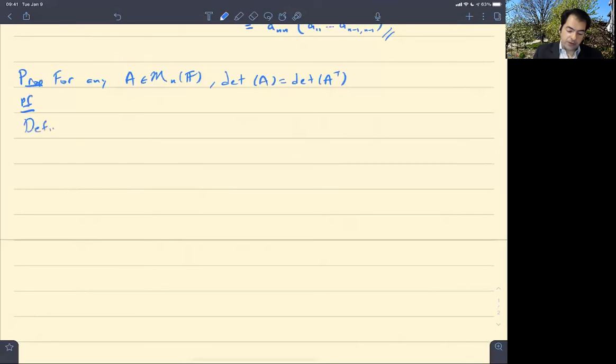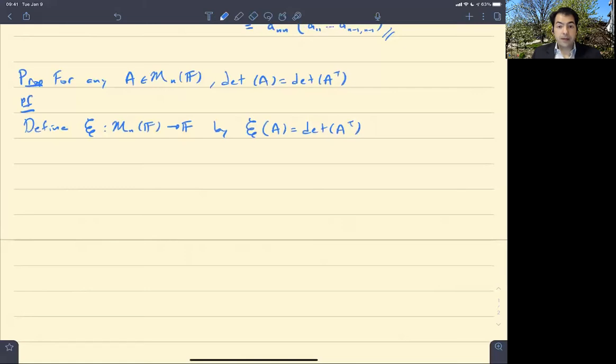Consider the function, call it E, that takes an n by n matrix and gives you back an element of the field. What it is going to be is just the determinant of the transpose. I want to show that this function is equal to the determinant. And since we have an existence and uniqueness result, I'm going to show that it is a determinant function and hence equal to the determinant.